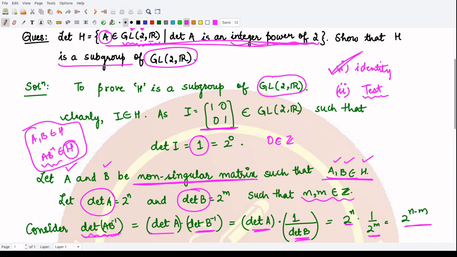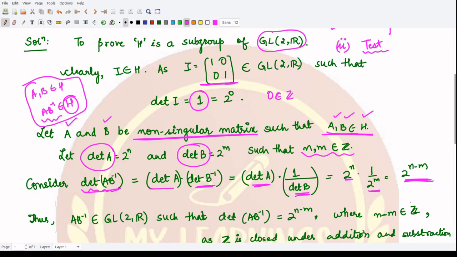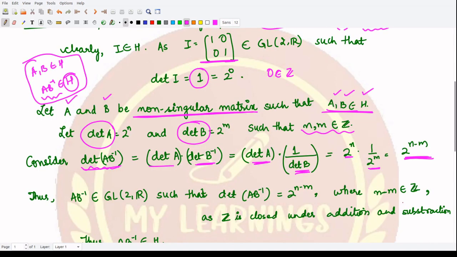By the laws of exponents, you can write it as 2 raised to power n minus m, where n minus m is also an integer, because the set of integers is closed under addition as well as subtraction. So for two matrices A and B from H, we obtain AB inverse present in GL2 comma R such that the determinant can be written as a power of 2.